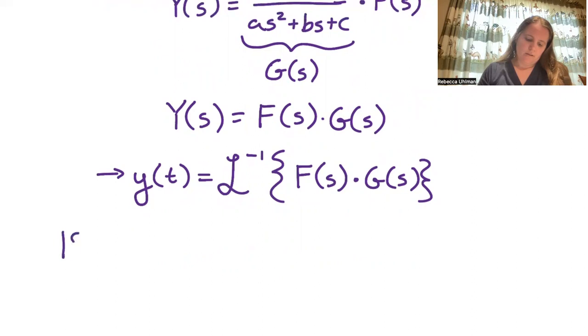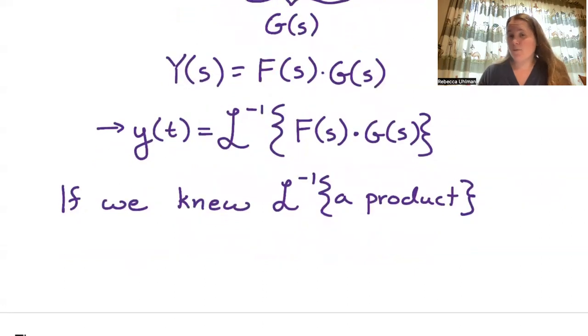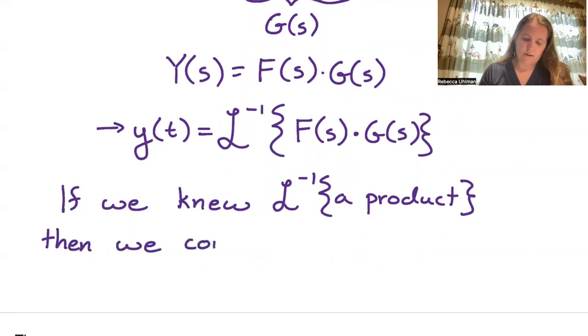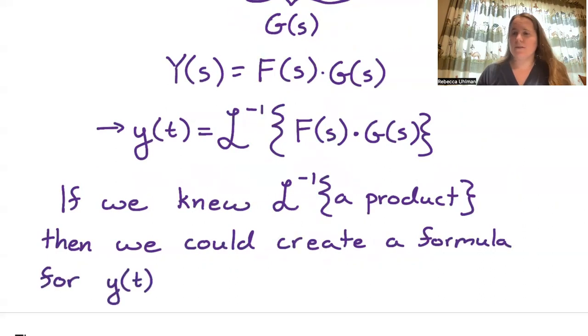So if we knew the inverse Laplace transform of a product of functions, then we could create a formula for y of t, which is essentially based on f of t.